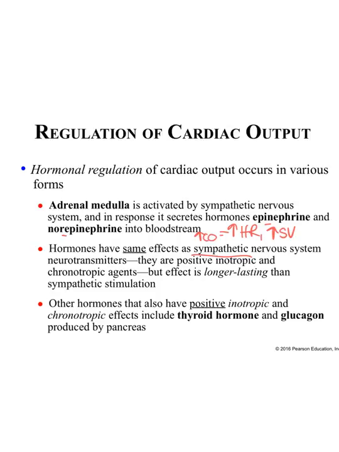Other hormones that also have positive inotropic effects, so they're going to increase inotropic as stroke volume and chronotropic as heart rate, are going to be thyroid hormone and glucagon. So remember, thyroid hormone increases the activity in every cell, therefore increasing cardiac muscle cells, increasing contractility, which increases stroke volume.